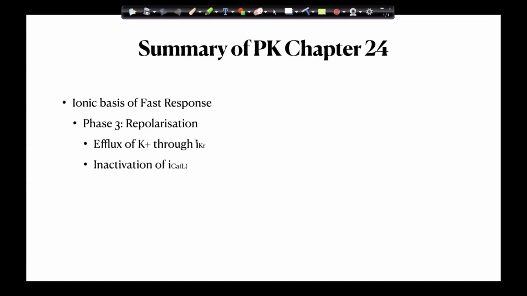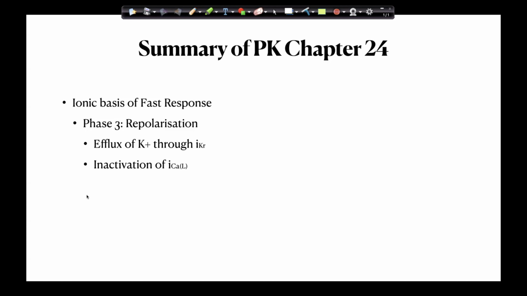Now, repolarization. So repolarization is, this is from Pappano and Katz, efflux of potassium through IKr. Now, we said previously that IKr is the rapid delayed rectifier. All right, the delayed rectifier channels.